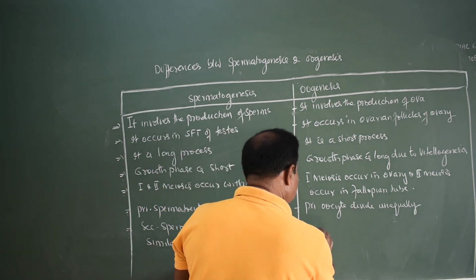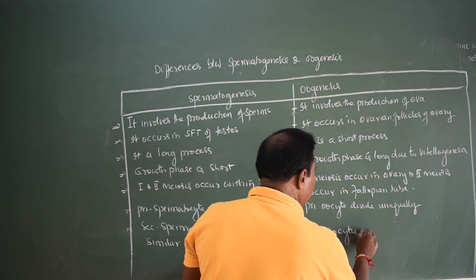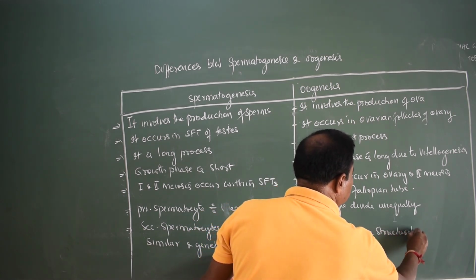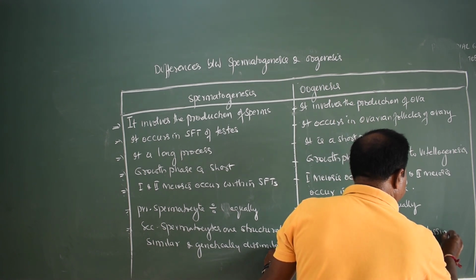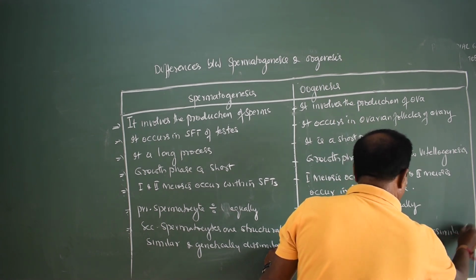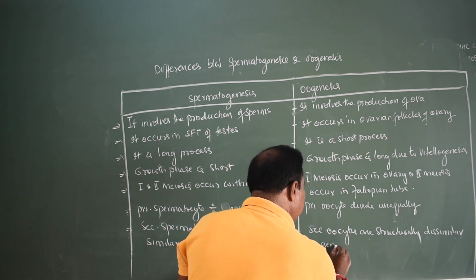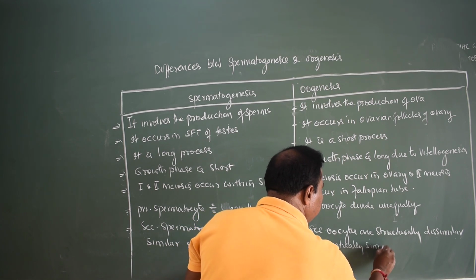Secondary oocytes are structurally dissimilar and genetically similar.